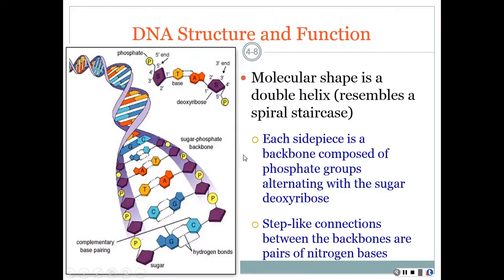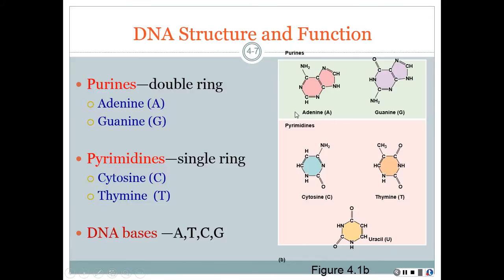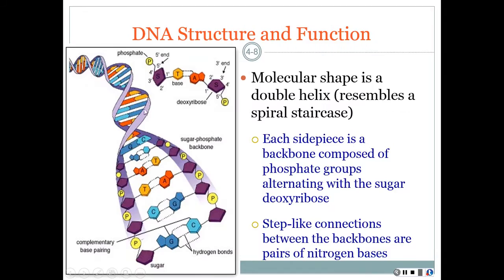So let's see the next slide here. All right. Here we have our adenine and our thymine. They are different types: the adenine is a purine, the thymine is a pyrimidine, but in DNA pairing, one purine and one pyrimidine bond together to form this staircase of the DNA.